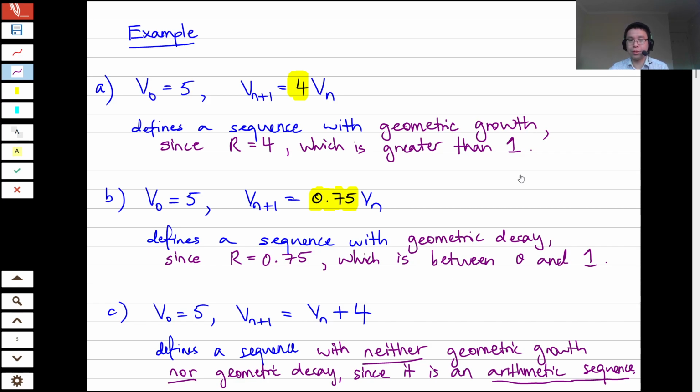All right, so in this exercise, we're going to use geometric growth to model something called compound interest, and we're going to use geometric decay to model something called reducing balance depreciation. In this video, we're just going to focus on the first application, which is compound interest.